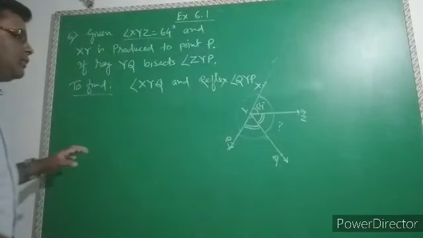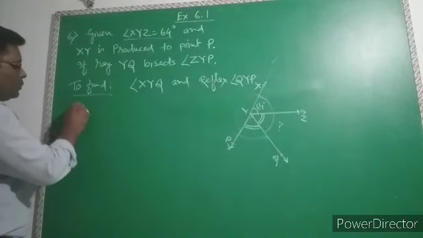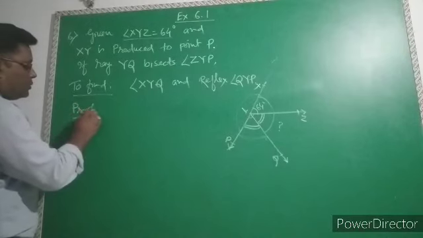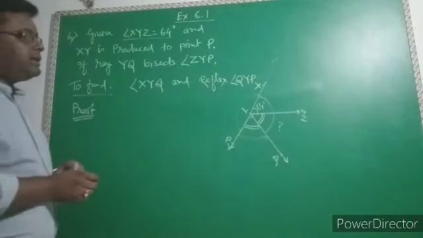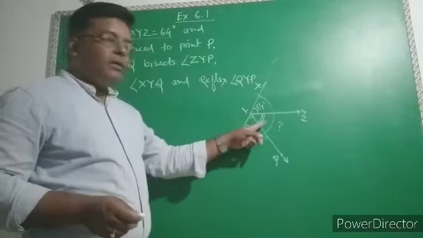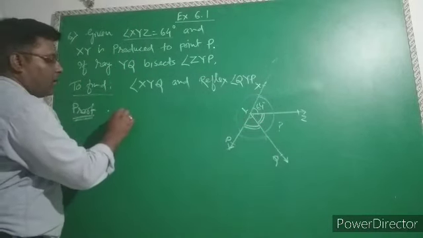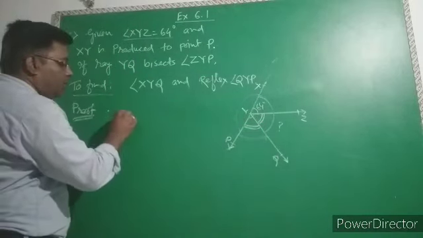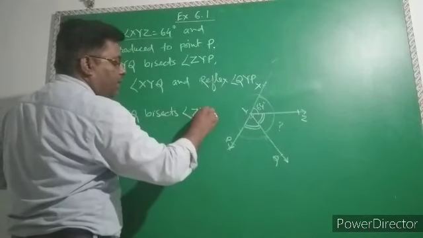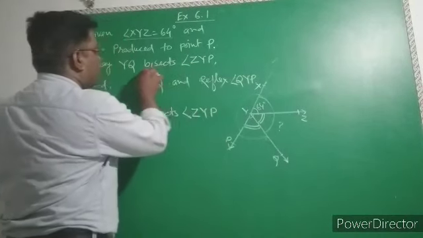Now see the proof. First we have to show that these two angles are equal. Since YQ bisects angle ZYP, it is given.